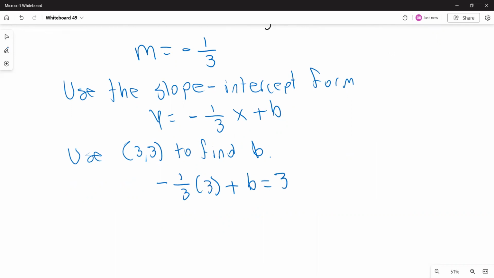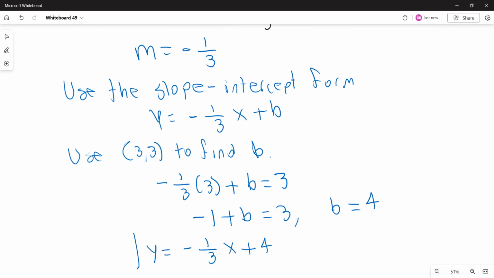But -1/3 times 3 is -1, plus b equals 3, and b is equal to 4. And the equation of the line is y equals -1/3 x plus 4. So that's the equation of the line in slope-intercept form.